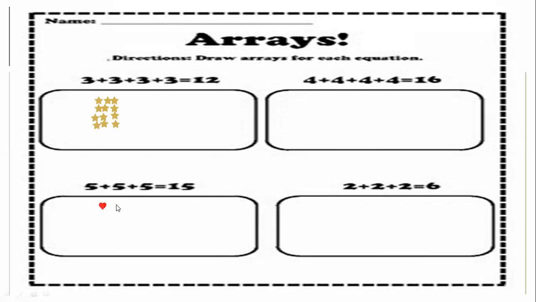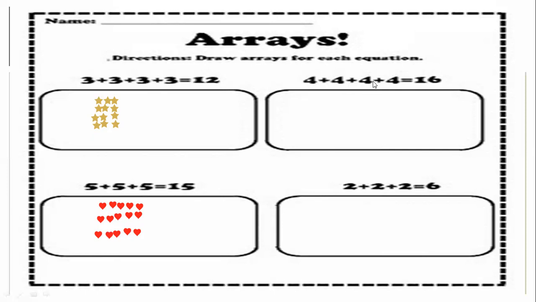So we can say 1, 2, 3, 4, 5. 1, 2, 3, 4, 5. 1, 2, 3, 4, 5. So 5 rows and 5 columns and 3 rows equals 15.